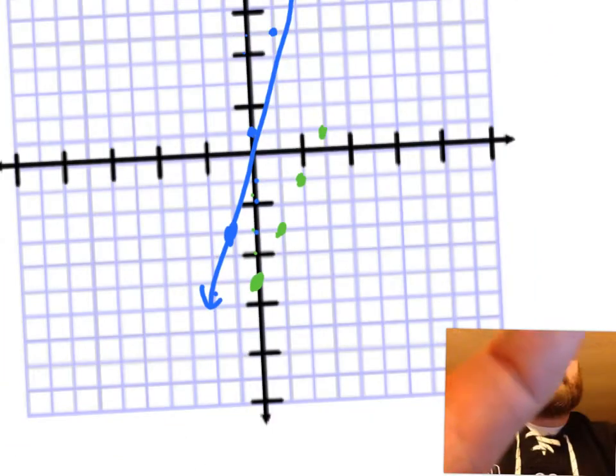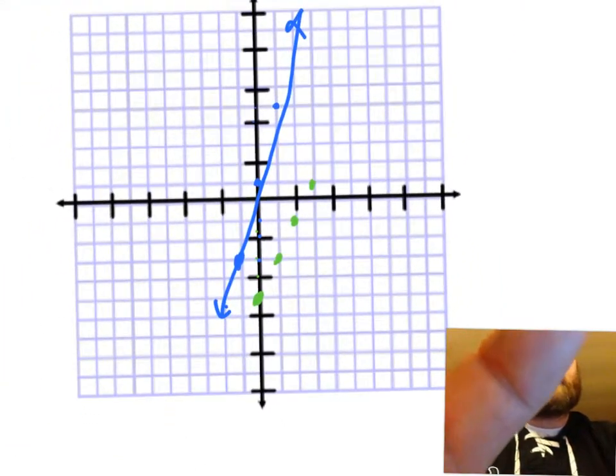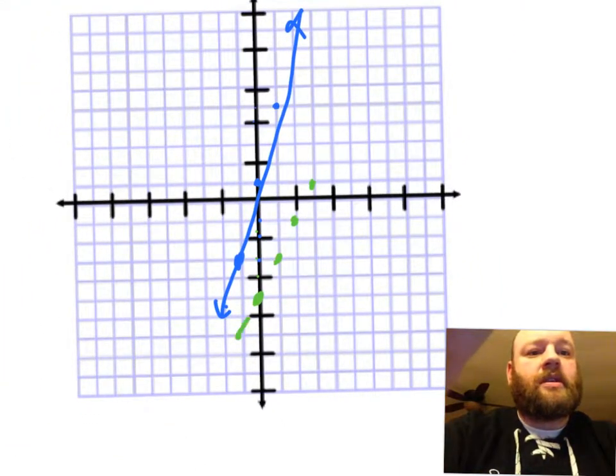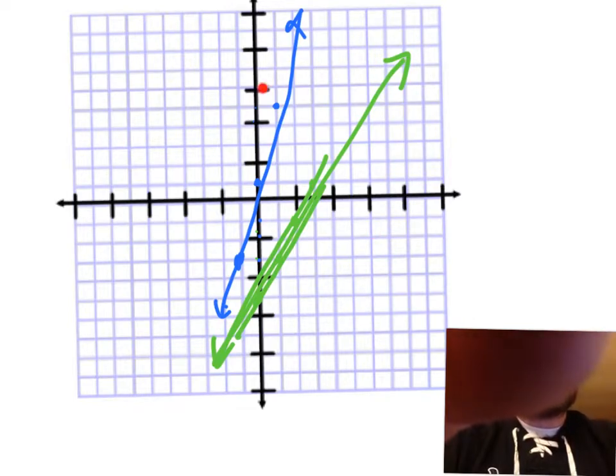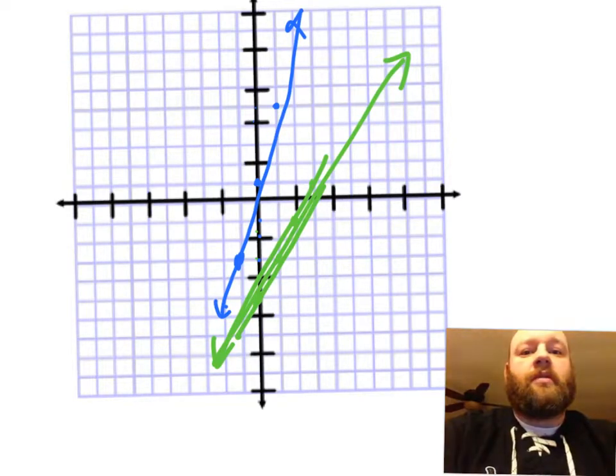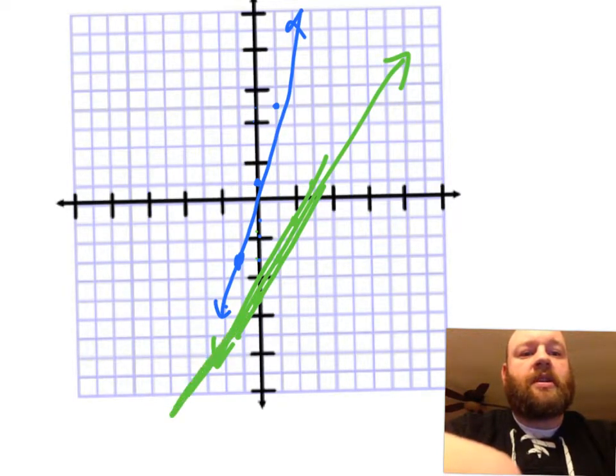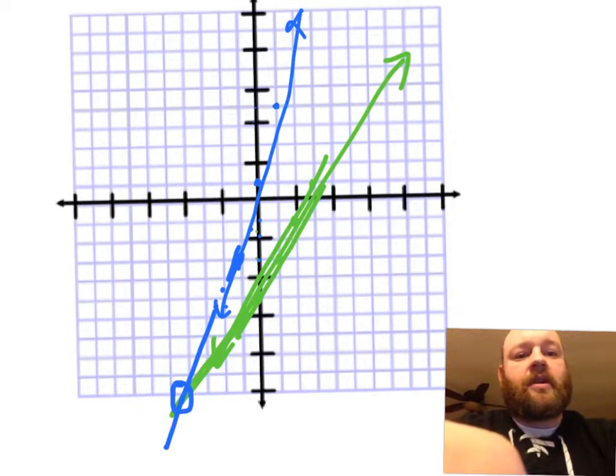As you can see, we're looking for the point of intersection, and what a lot of you will see is when you draw your line, they're not going to hit anywhere up here. What you have to do is keep extending your lines out. This line is going to come back down here, and eventually they're going to cross.